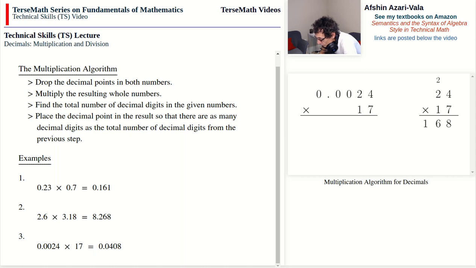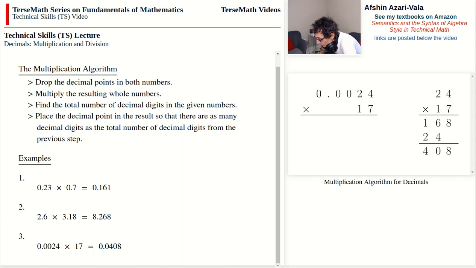And now we move to the next digit, which is a 1. We multiply 1 by 4 and then 1 by 2, and then we push the digits back over 1 column because the 1 is not actually a 1, it's a 10. So 1 times 4 is 4, 1 times 2 is 2. We add to get 408.